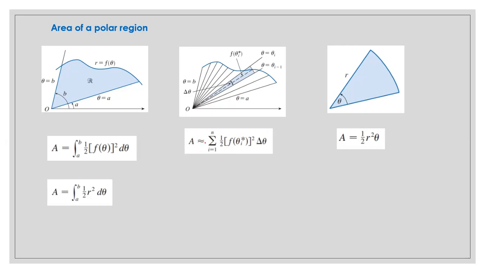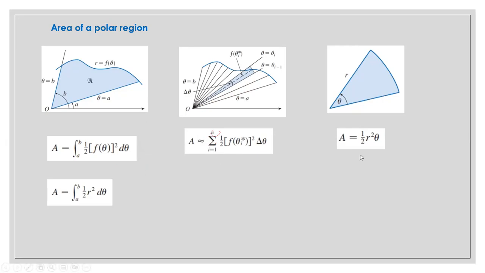Because this is like a Riemann sum, as the intervals become smaller and smaller and approach infinity, it becomes the integral from A to B of 1/2 f theta squared, and f theta is r, so it's 1/2 r squared. This is a brief idea of why the polar area is 1/2 r squared.